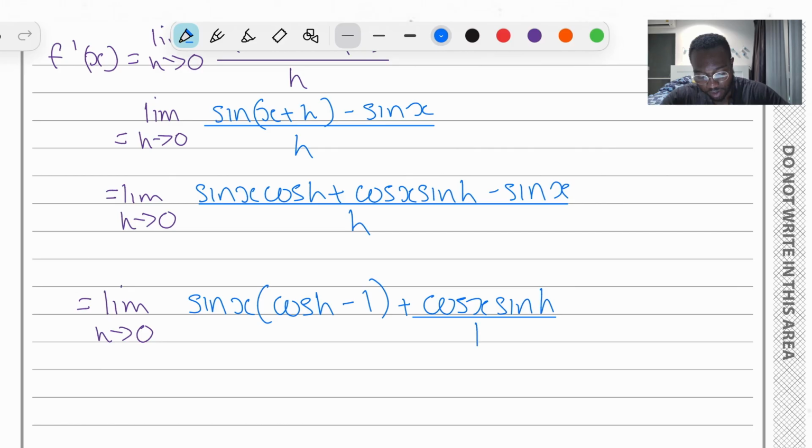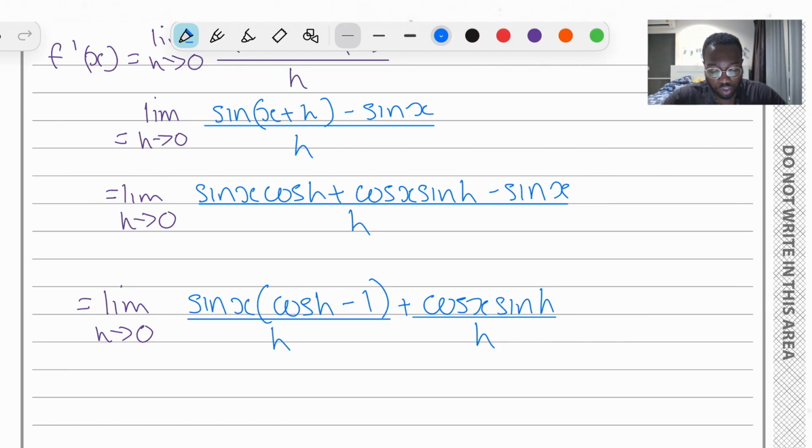So all I've done is bring that sine x together with the sine x cos h and factor out the sine x. Actually, let me do this in 2 steps. There would also be an h here, so that's all over h.